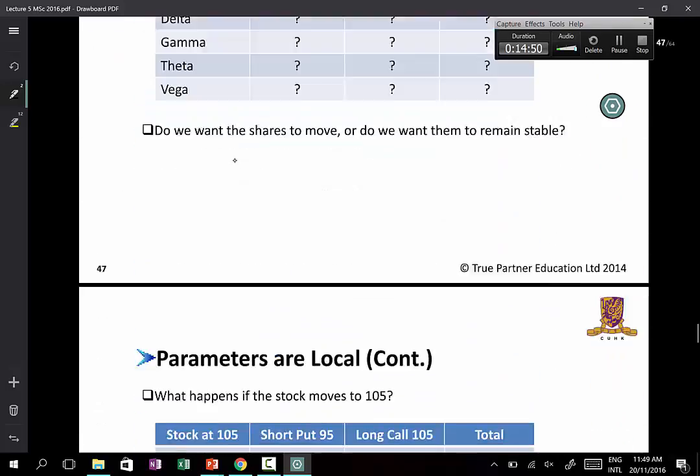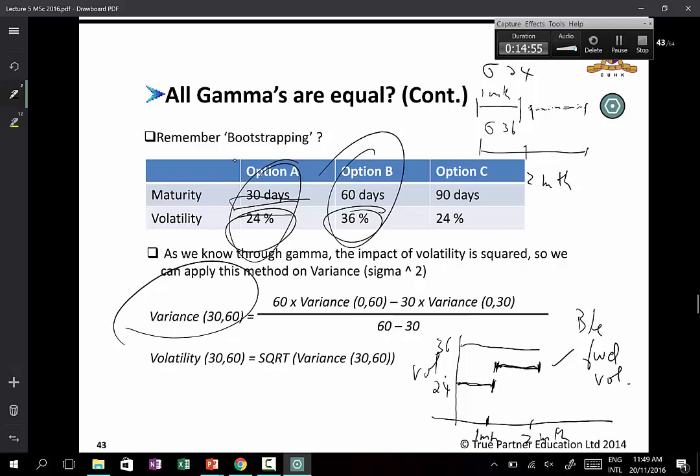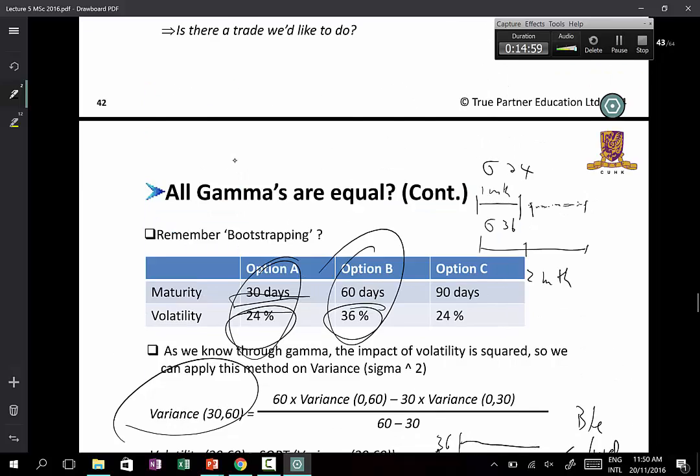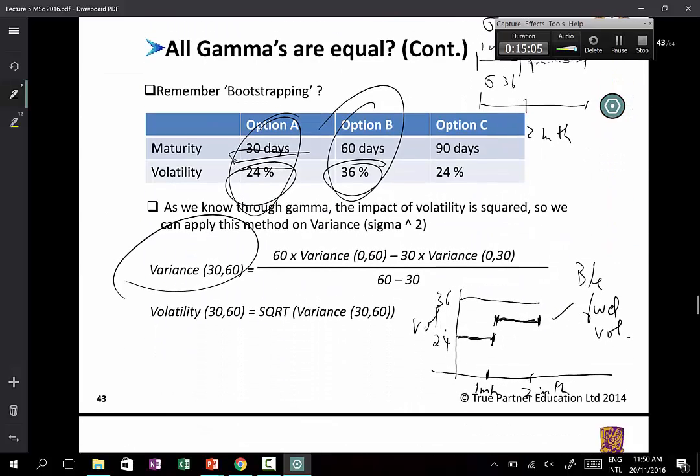Lecture 5, page 42. Oh, it's here. Okay, this is the formula that we're referring to. It starts talking about this from page 42, but the formula is on page 43.